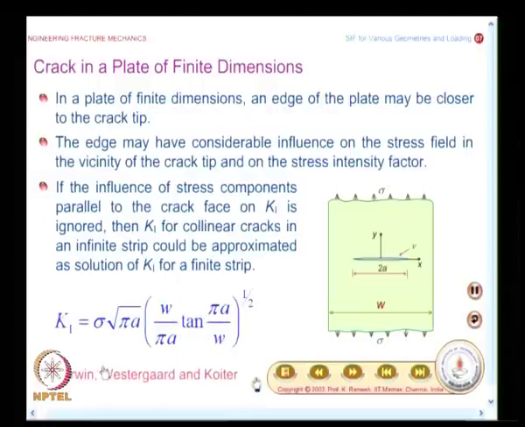So, when the a by W ratio is small, the result for evenly spaced collinear cracks can be taken as the value of K1 for a finite strip also. We would do the necessary modification, we would not stop here.